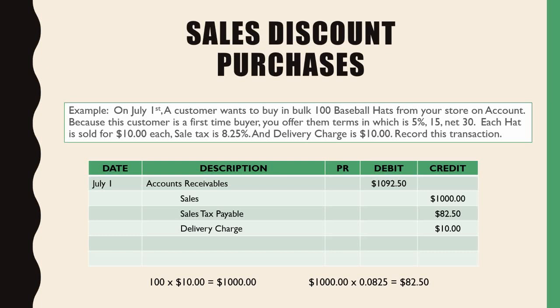That's not included in their sales. Okay? So in this case, I only charge tax on the actual product I sold to them. And then I charged them a separate $10 for that delivery. Okay? So that means they owe me a total of $1,092.50.